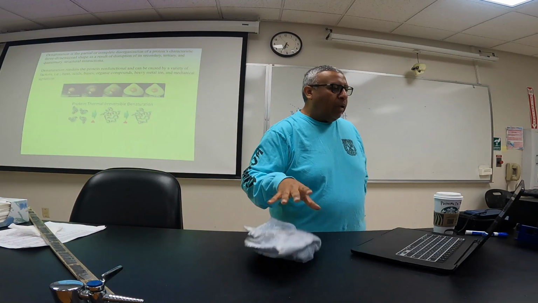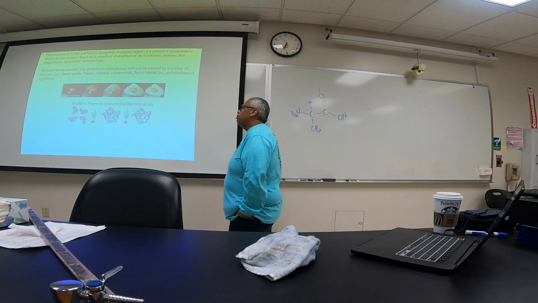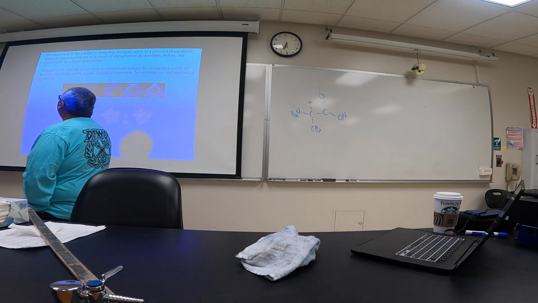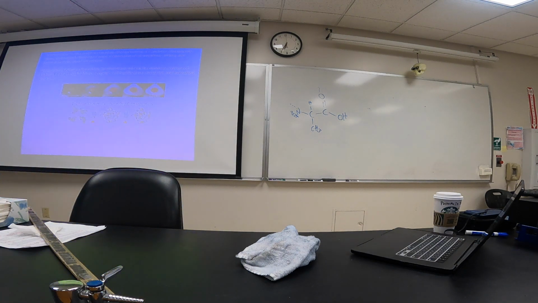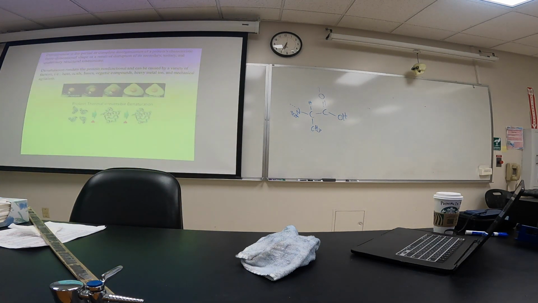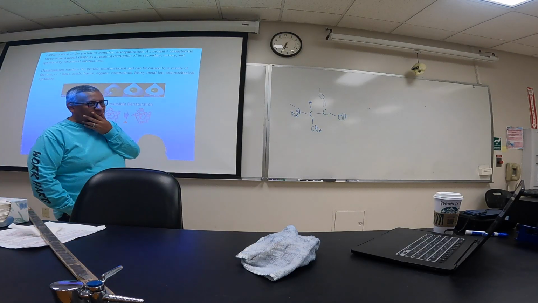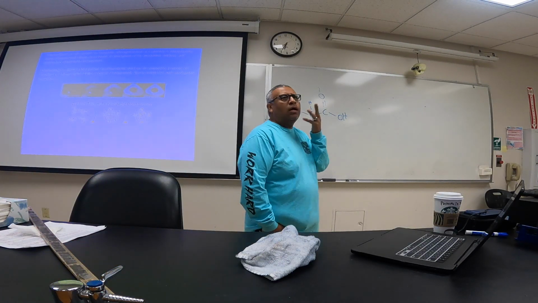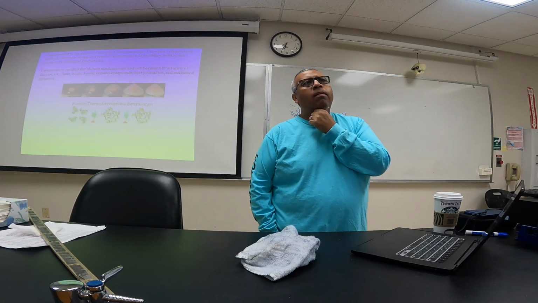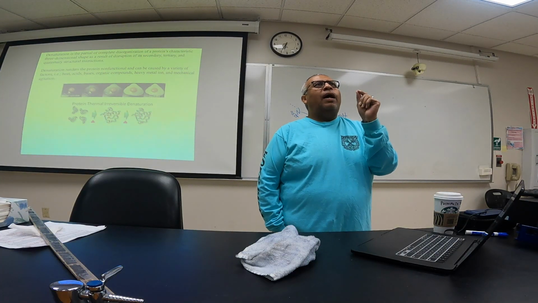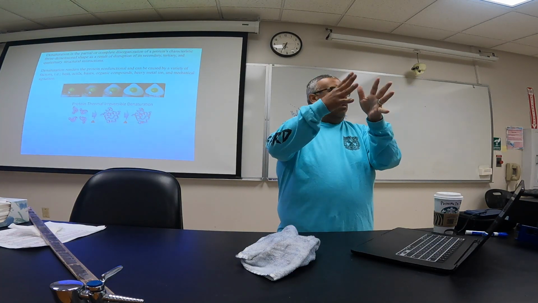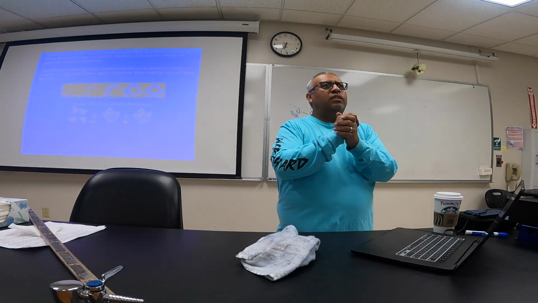So lastly, how we break down these proteins, right? One way we break them down is called denaturation, thermal denaturation. This is different than what I spoke about earlier, separating amino acids through hydrolysis.